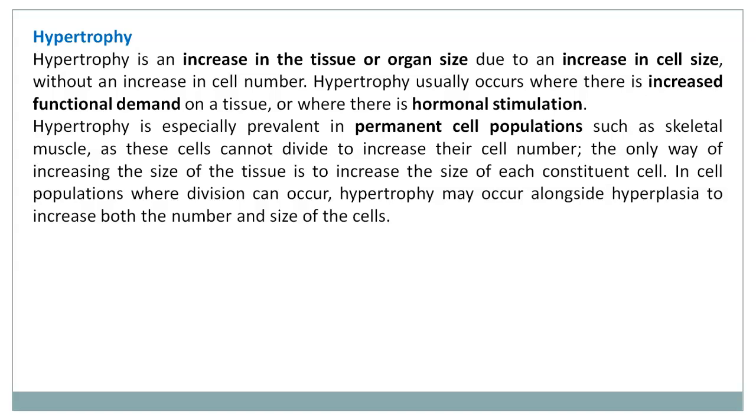Hypertrophy is especially prevalent in permanent cell populations such as skeletal muscle. These cells cannot divide to increase their cell number. The only way of increasing the size of the tissue is to increase the size of each constituent cell. In cell populations where division can occur, hypertrophy may occur alongside hyperplasia to increase both number and size of cells.